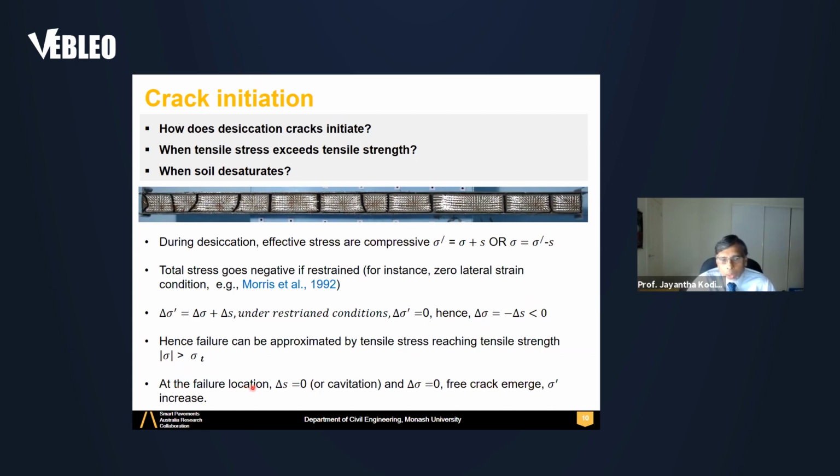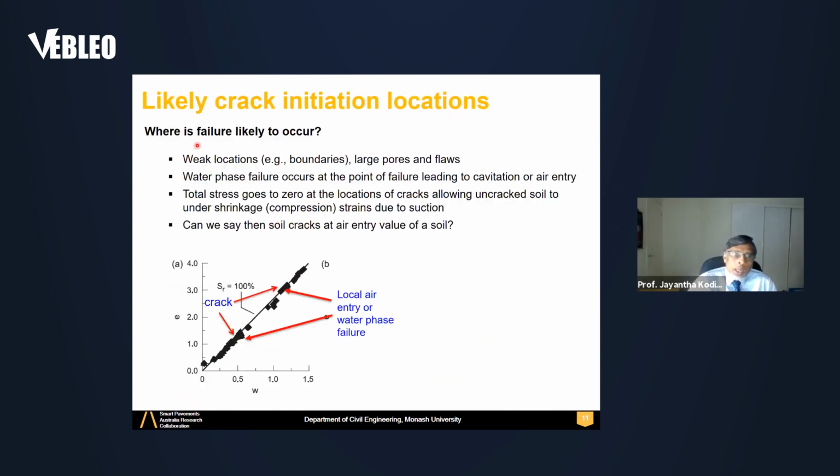At the failure location, however, delta S becomes zero. That means the water menisci fracture and cavitation occurs, and that brings delta sigma down to zero, and cracks emerge and soil particles separate. So basically, fracture in clay soils emerges when the water phase breaks. Where is failure likely to occur?